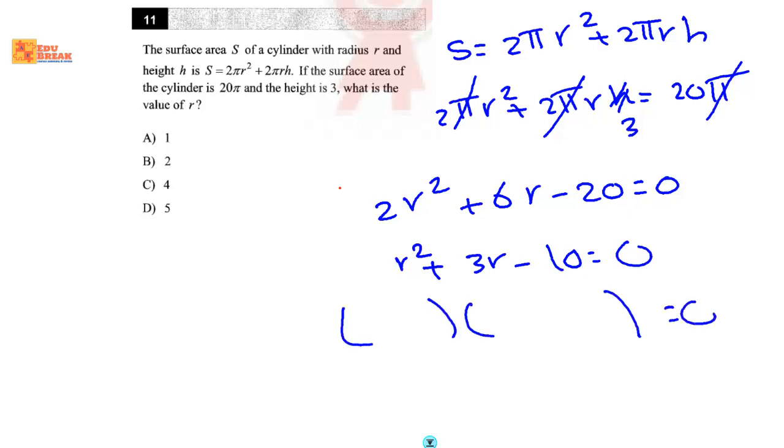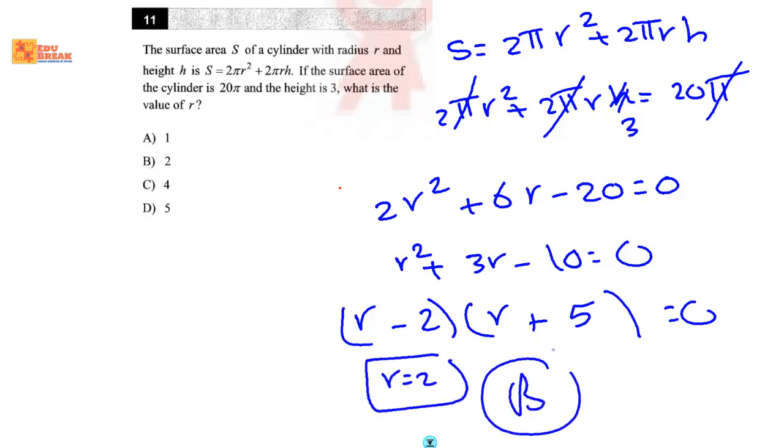Factorize, using factoring, we have r and r, and 10, which equals 2 times 5, positive, negative, so we have r equals 2. So the answer is B. Next question.